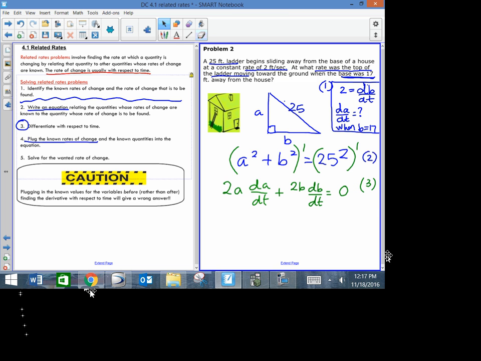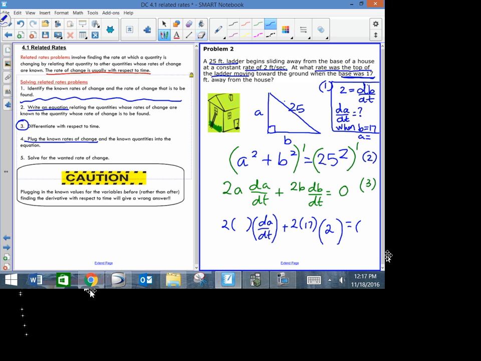Now we're ready to plug in the values. All right, A is, we don't know A. What's dA dt? We don't know. That's one you don't know, okay? What's B? 17, and what's dB dt? 2. Okay, I bet we can find A at that moment, because if this is 17 and this is 25, at the moment, A is what?